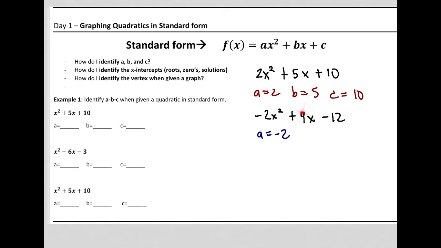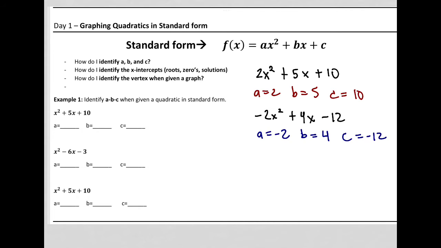Our B would be 4, and our C would be negative 12. So B is 4, and C is negative 12.